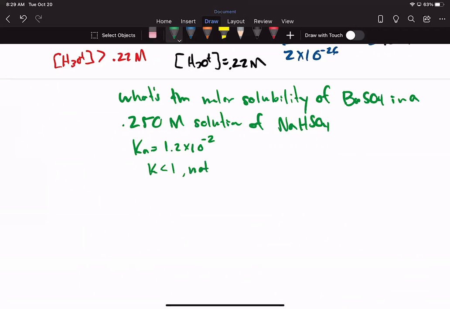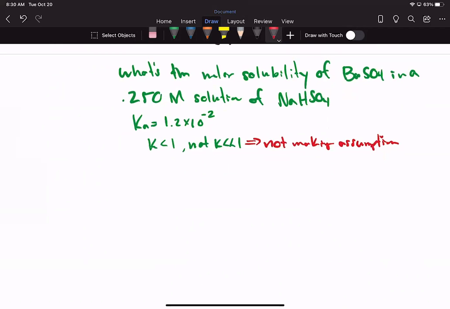It is not a lot less than 1, which means that we are not making an assumption, because K is just less than 1, but it's definitely not a lot less than 1. All right, so we'll come up with our two reactions here.